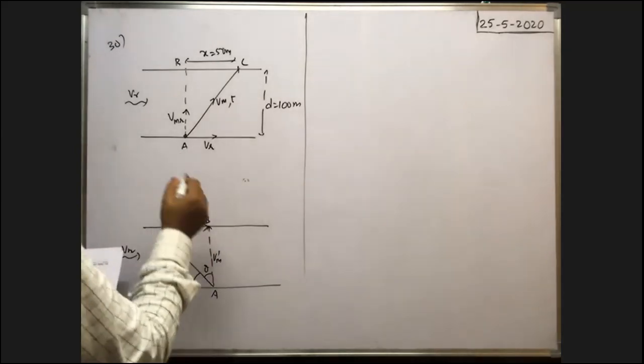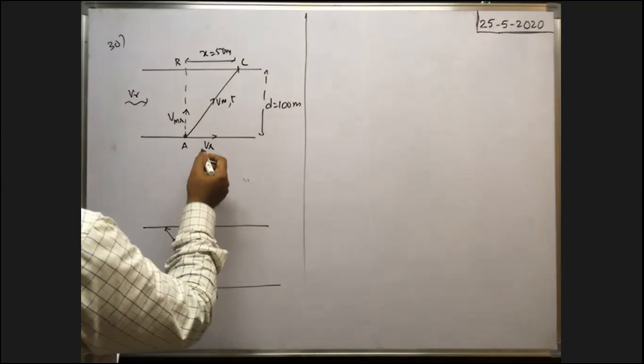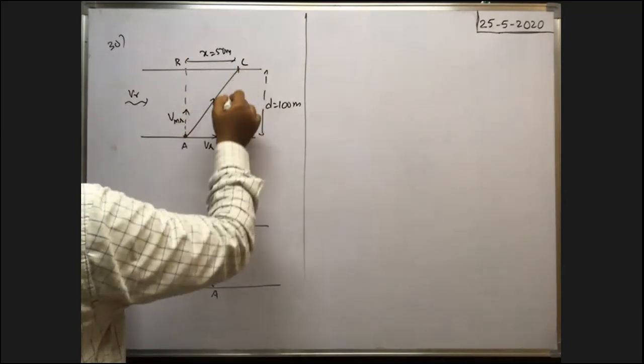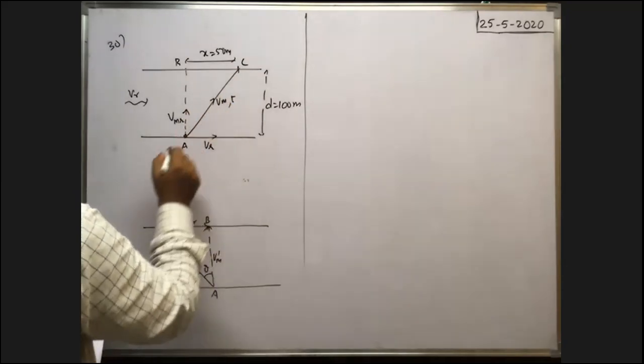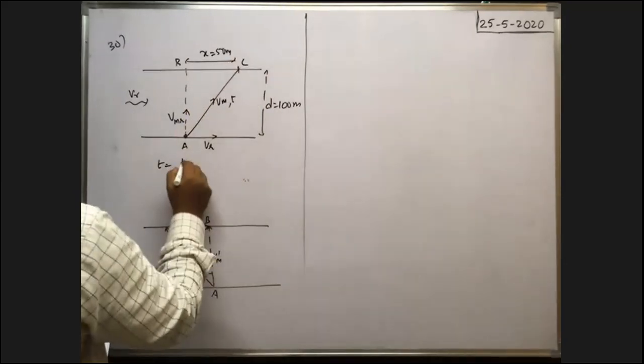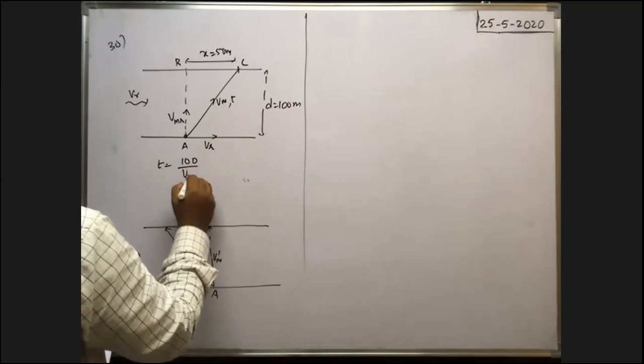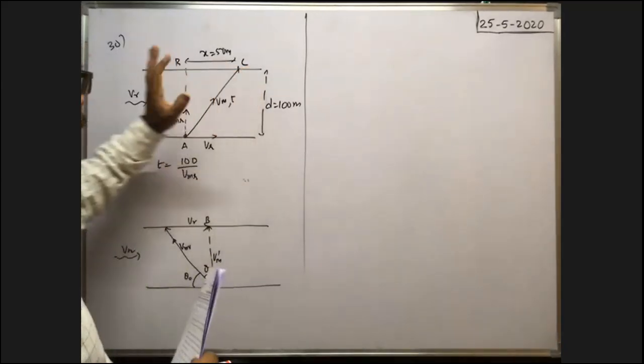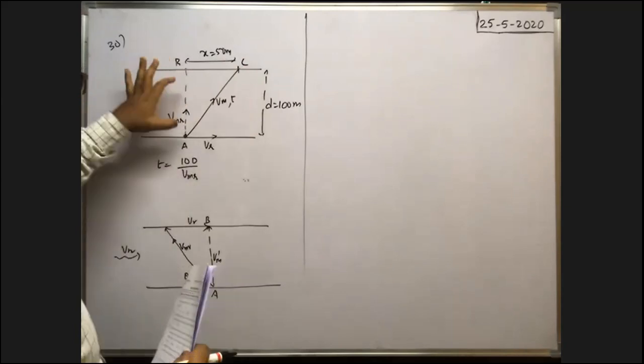Here in this case, the time taken by the man to cross the river is, say, T. In this time, T is equal to the distance traveled, 100, divided by the velocity of the man with respect to the river, we can write now. Because parallel to the width of the river, the velocity of the man is this one, the velocity of the man with respect to the river.